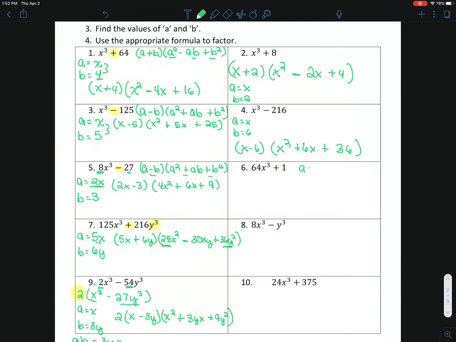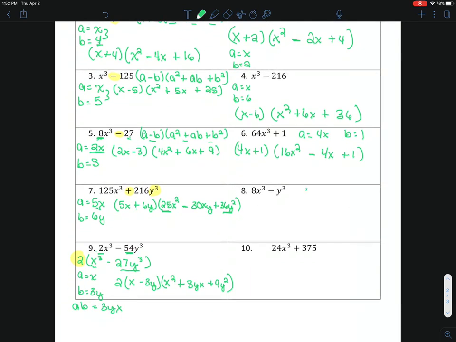This A is 4x, and B is 1. So this is going to be 4x plus 1 times 16x squared minus 4x plus 1, because 1 squared is just 1.